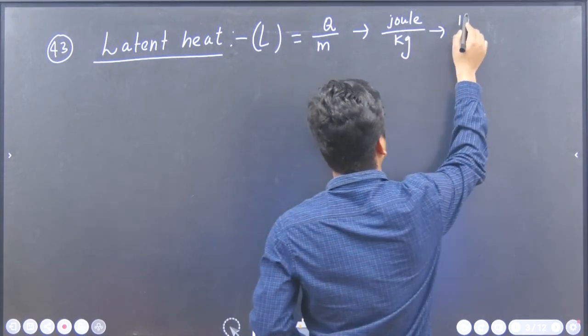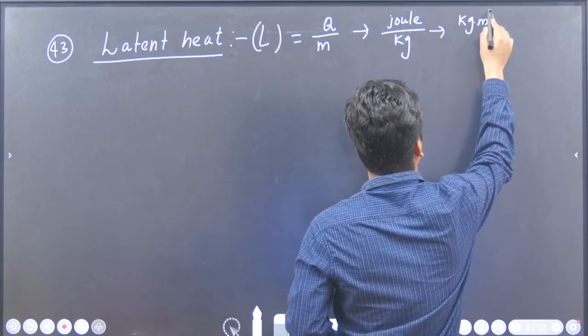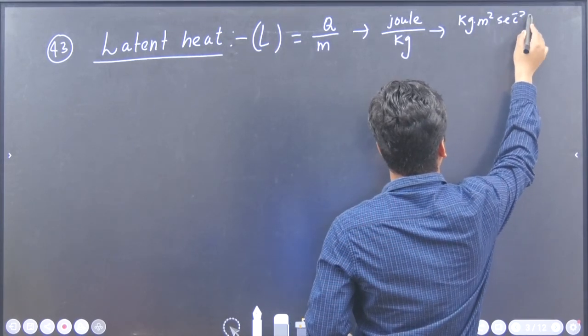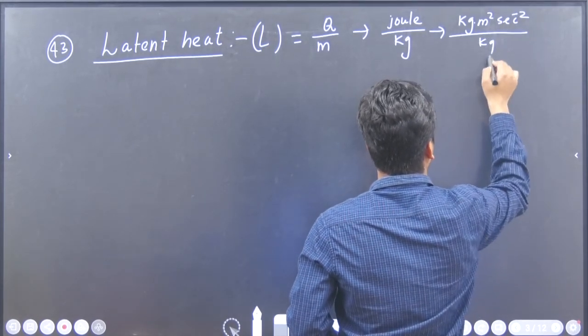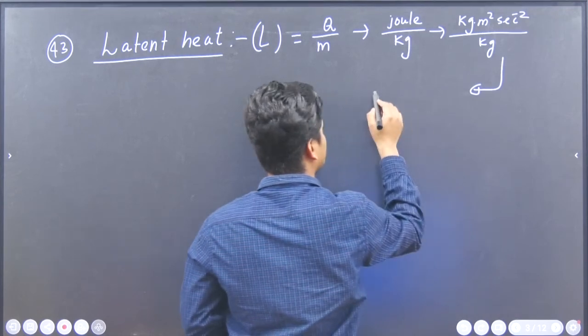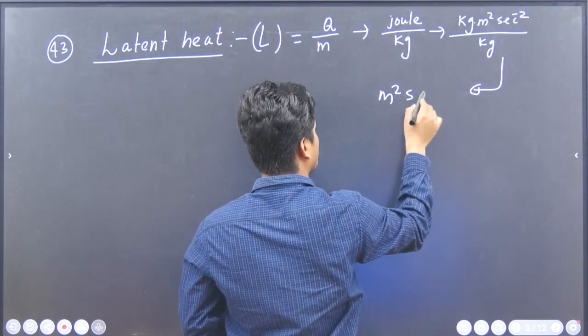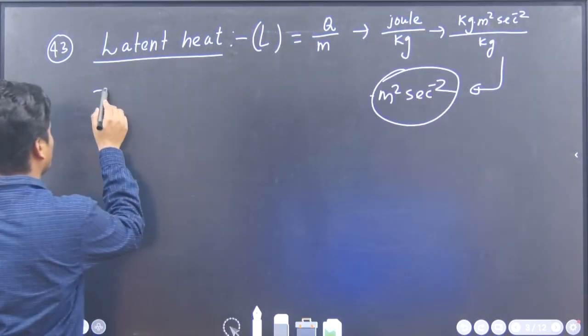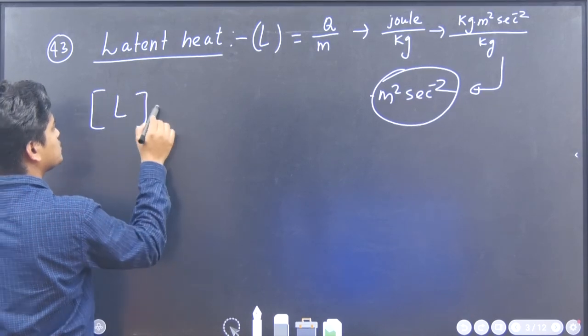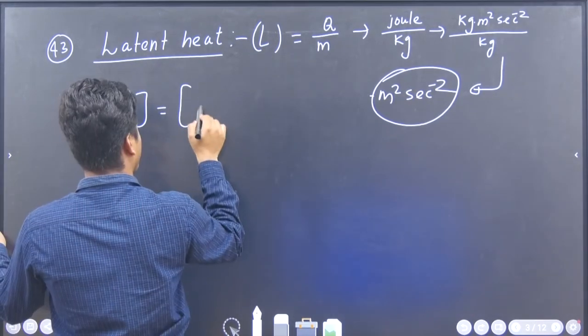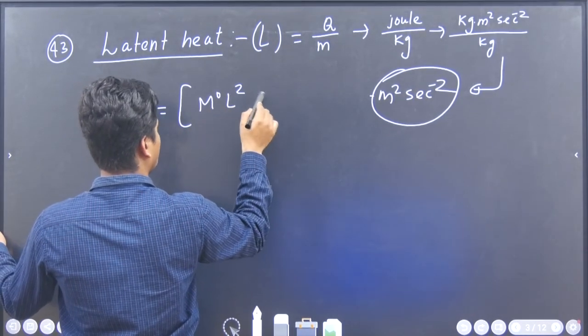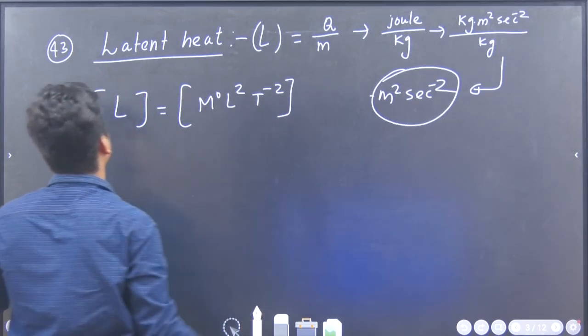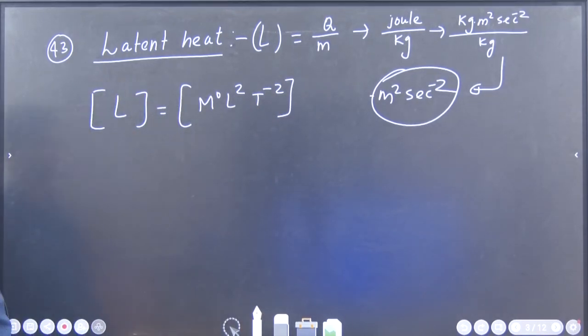And already you know joule is nothing but kg meter square second to the power minus 2, divided by kg. So this will give you SI unit: meter square second to the power minus 2. Now you want to write the dimension of the latent heat. So it is M to the power 0 L to the power 2 T to the power minus 2. So this is the latent heat of a substance.